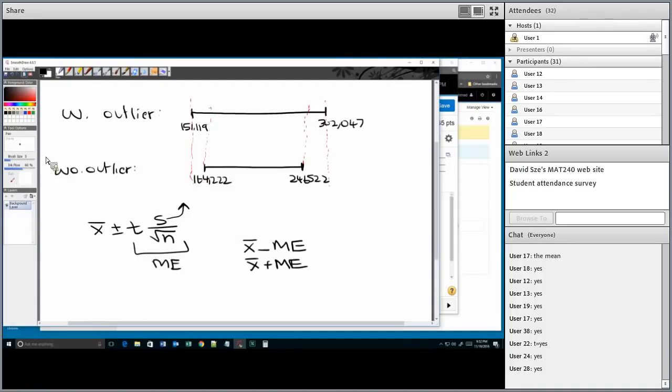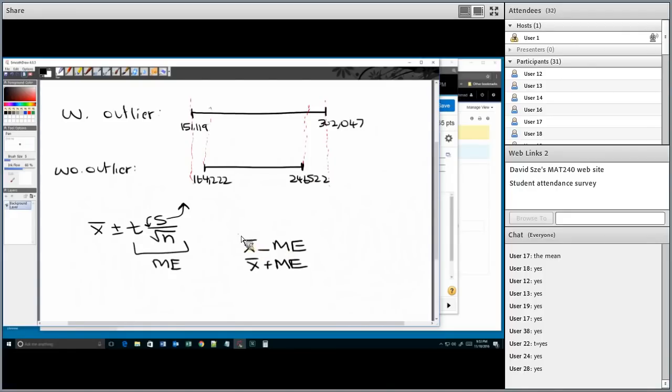When the outlier is removed, you get a lower value of standard deviation. So now your margin of error is lower. But now you subtract a lower value from the mean and add a lower value to the mean to come up with your confidence interval, which is why your confidence interval is narrower now.